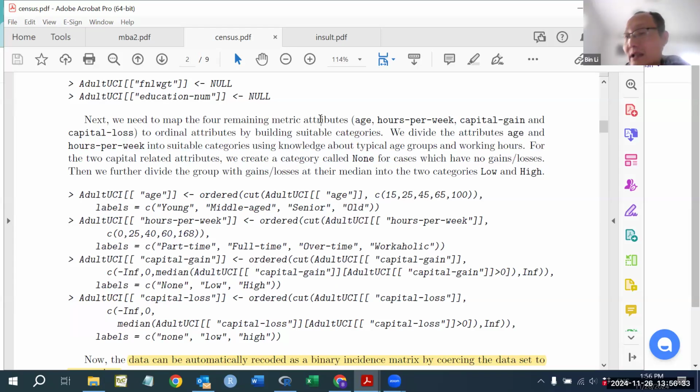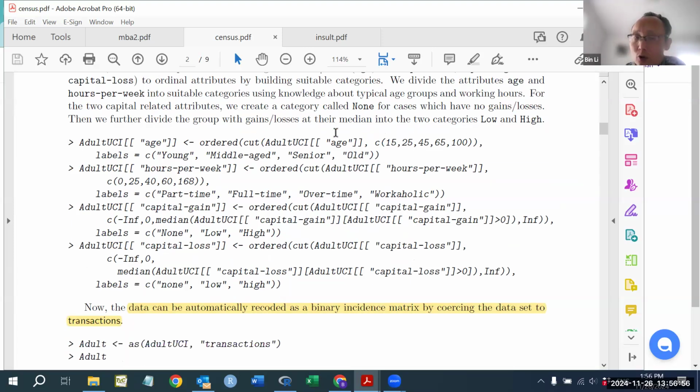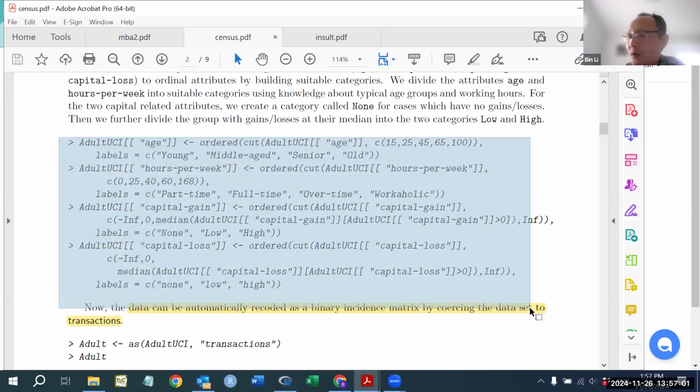And we know that for association rule mining, these conditions are categorical variables. So we need to categorize those numeric variables into some categories. Before we do the association rule mining, we need to change these numeric variables into categorical variables.